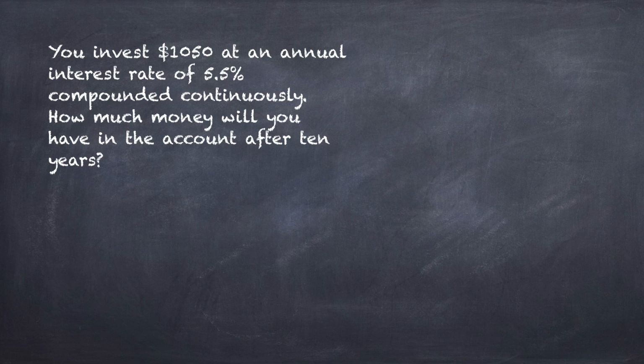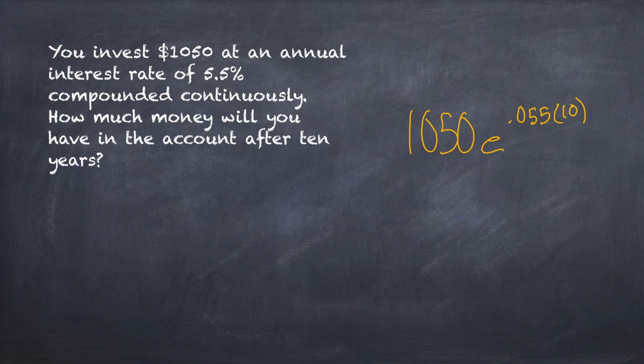So you invest $1,050 at an annual interest rate of 5.5% compounded continuously. So 1,050 times e to the 0.055 times 10. How much would you have after 10 years?